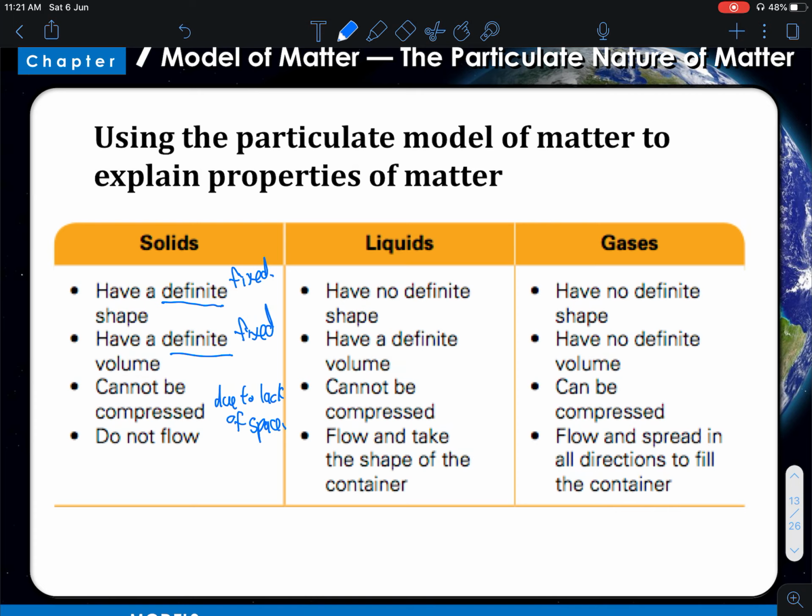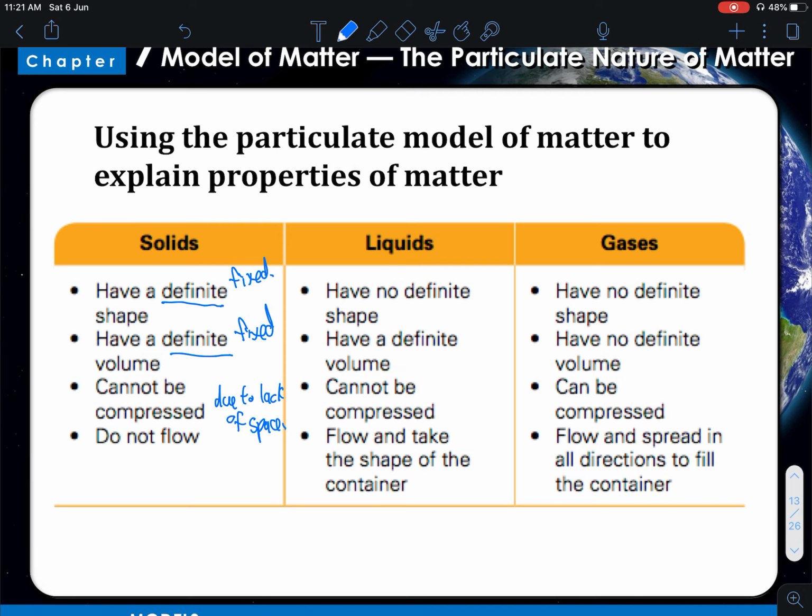It cannot be compressed because, even though there are spaces, they are very negligible. And due to this negligible or lack of spaces, it cannot be compressed. It is able to flow and take the shape of the container, and it has a definite volume because the volume cannot change.